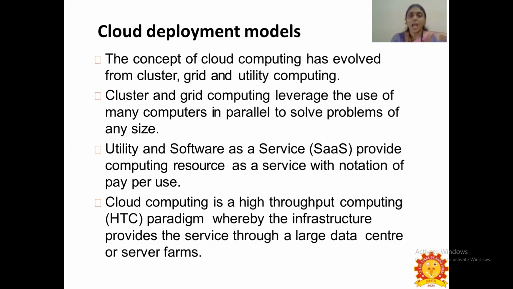Utility computing and software as a service provide computing resources as a service with the notion of pay per use. So what we use, we pay for. And cloud computing is high throughput computing, whereby the infrastructure provides a service through a large data center or server farms.